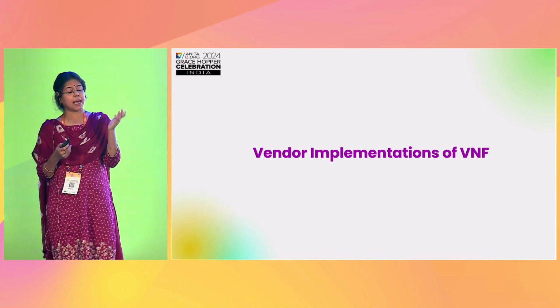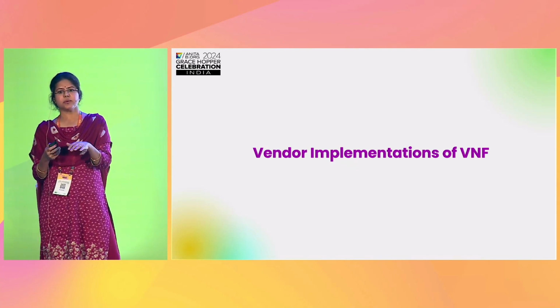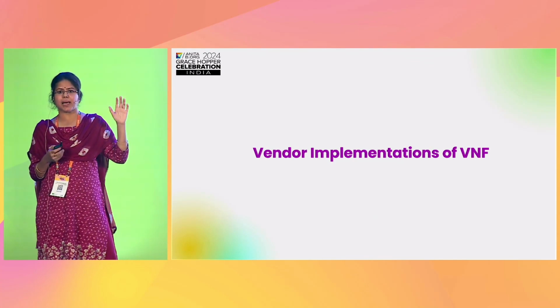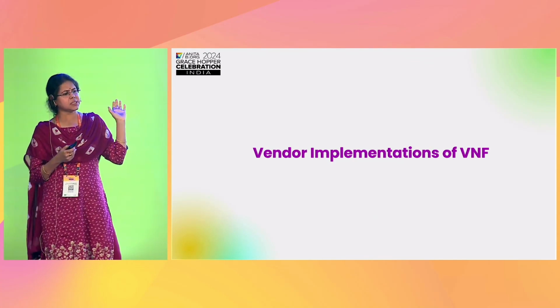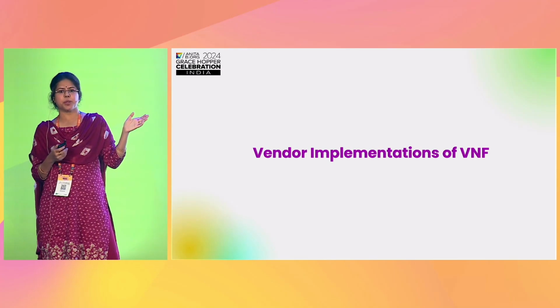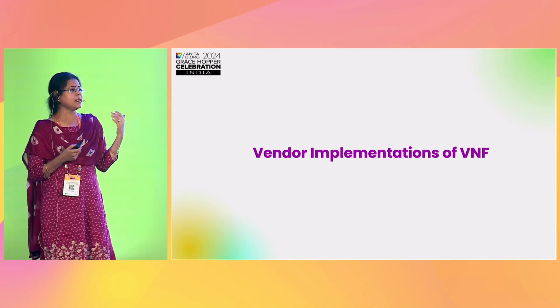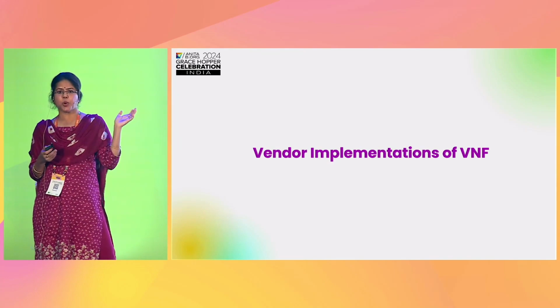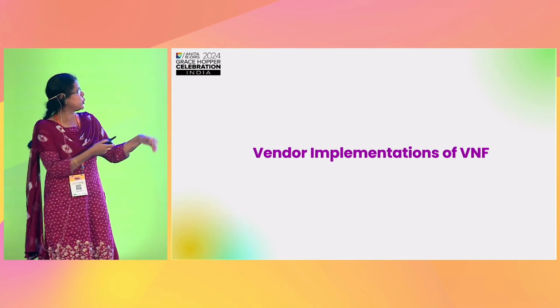We saw that active passive VNF is more cost effective than an active VNF, and we saw the architecture of an active VNF. Next we will see some of these VNF vendor implementations in cloud. There are VNF vendors like F5, Checkpoint and Palo Alto that we are supporting in our IBM cloud. I will show you one by one.